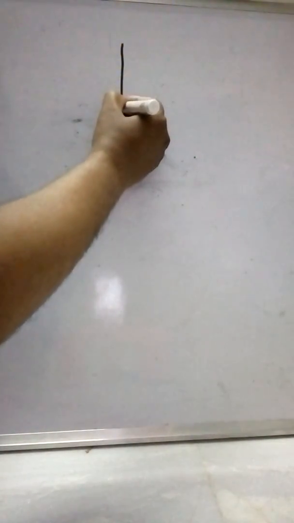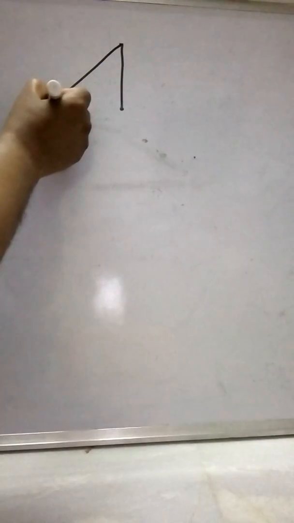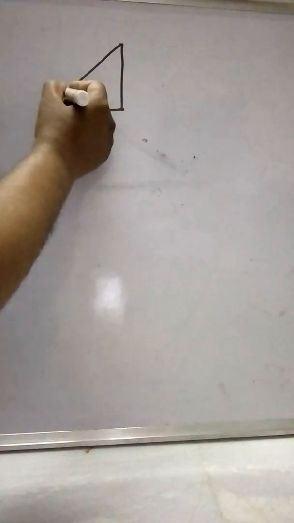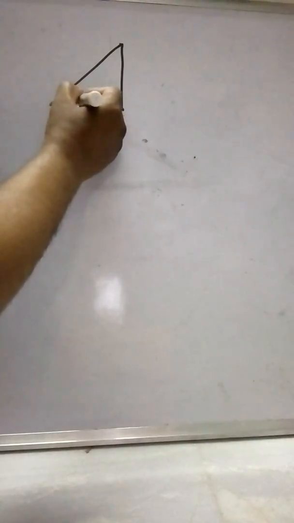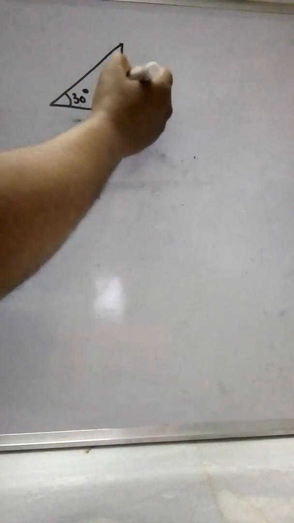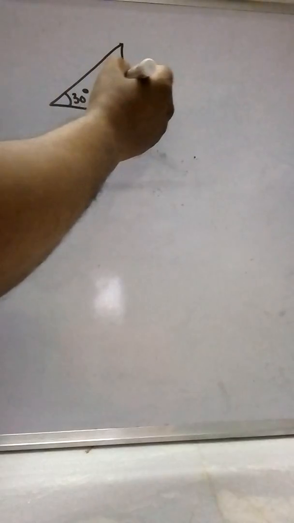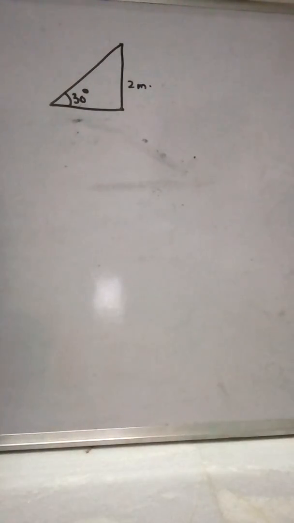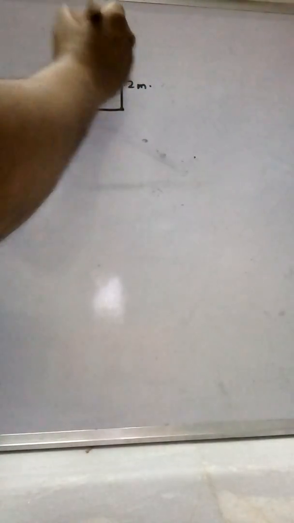So for example, see, this is the height of the slide, and from here it is in this way. It is making an angle 30 degree with the ground. Okay, and the height is given as 2 meter. He is asking us to find out what should be the length of the slide. We have to find out this one.